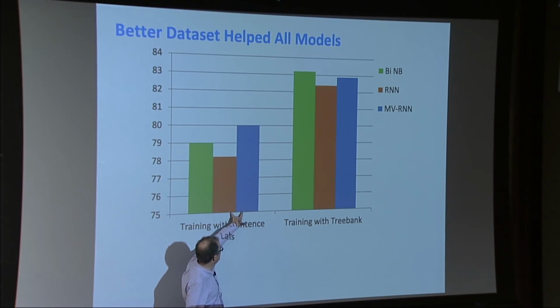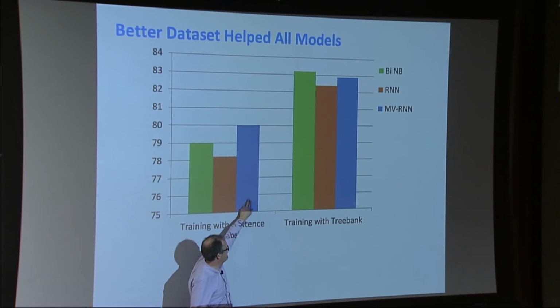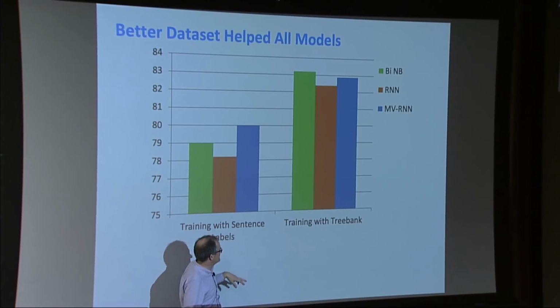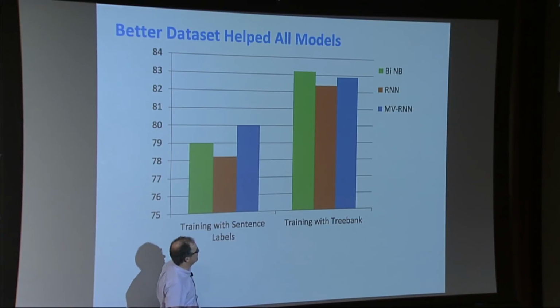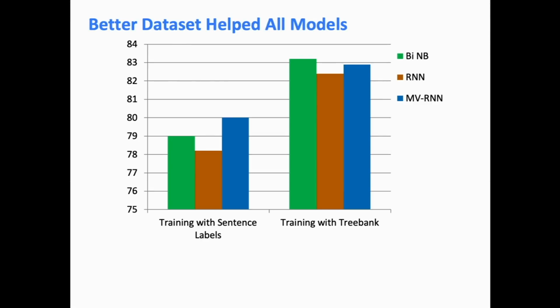And then these are our older generations of neural networks, our original tree structured neural network and our matrix vector one. Simply having, for these fixed models, the richer supervision that comes from our new tree bank moved up the performance of every model. Even for just the naive Bayes model, its performance goes up about 4% because it now knows more about which particular words are positive or negative in the sentences.